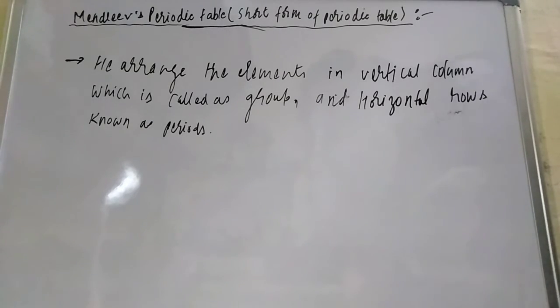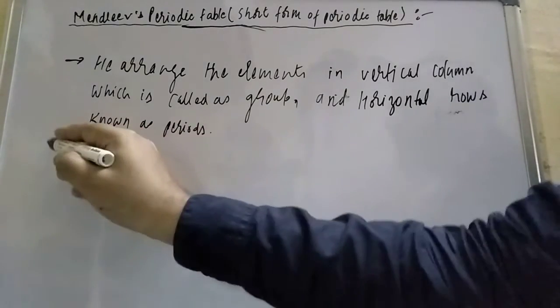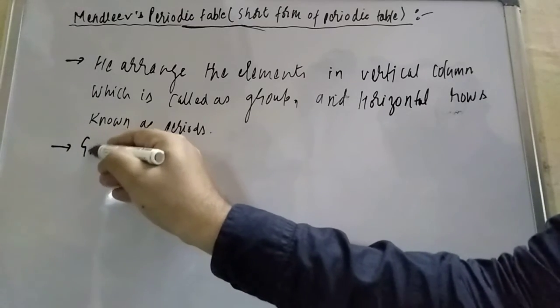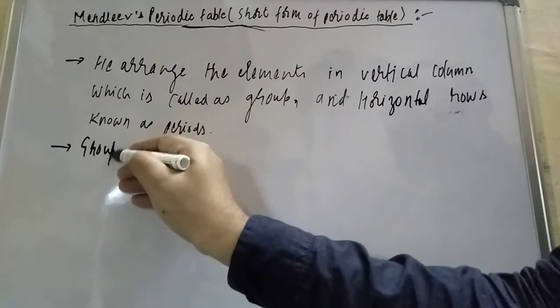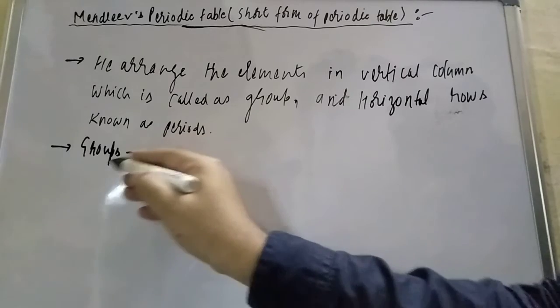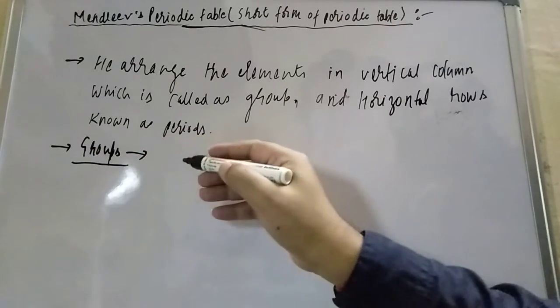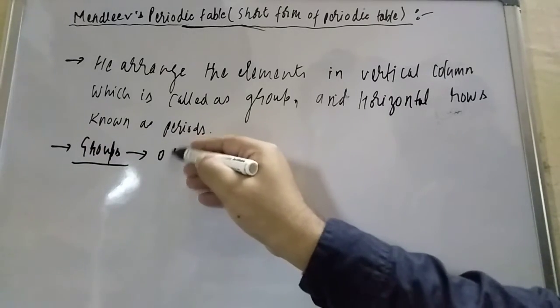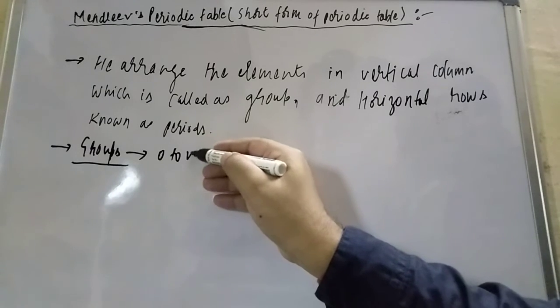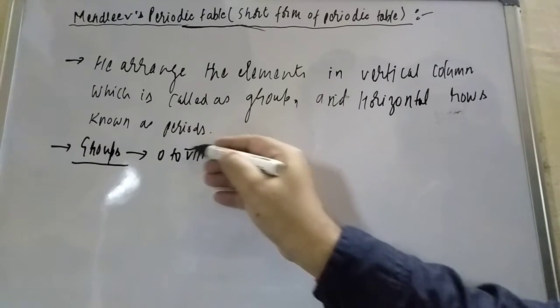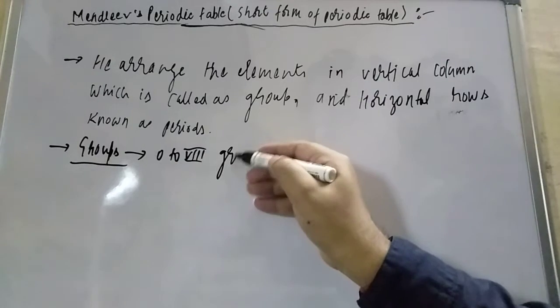So when you are talking about the groups, Mendeleev said there are total 0 to 8 groups. Okay, 0 to 8 group.